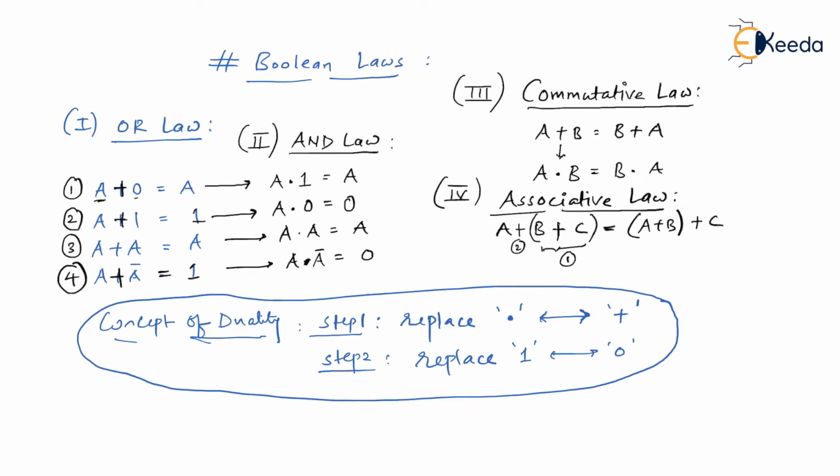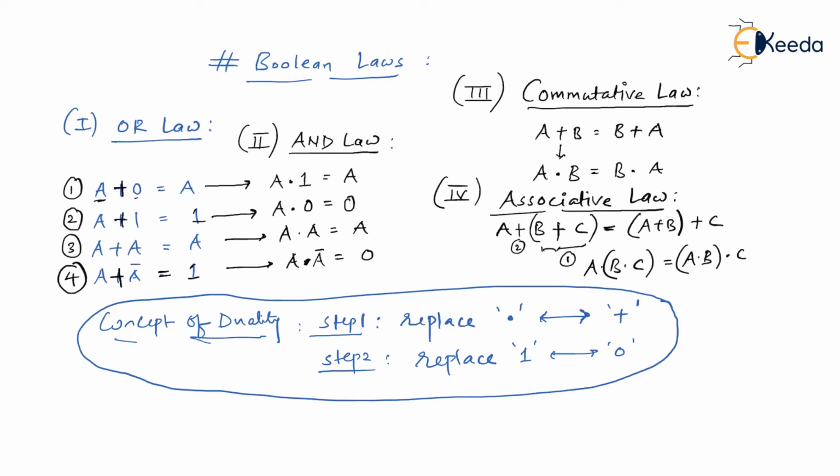If this equation is true, I can say that its dual is also true. Here there is only one change: you replace sum with product. So A dot B dot C, where you have performed B dot C first and then ANDed the result with A, is equivalent to performing A dot B first and then taking the product of the result with C. It is one and the same thing.